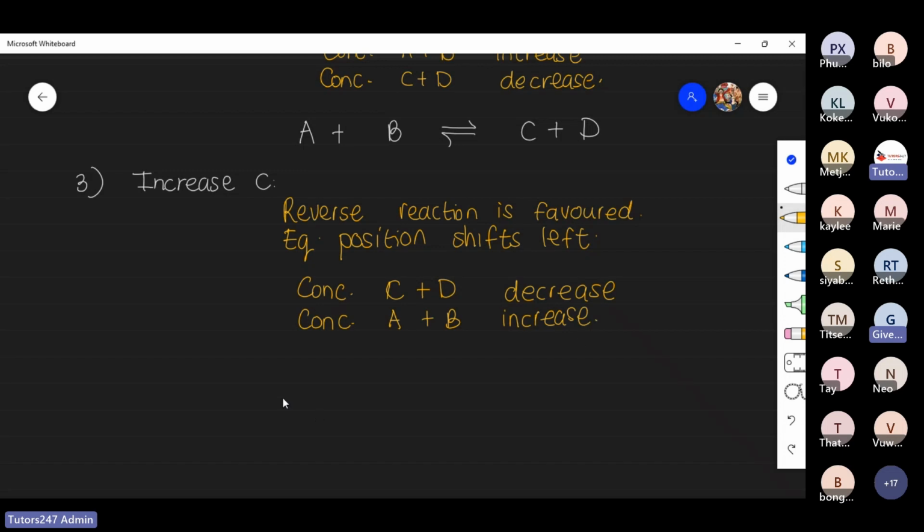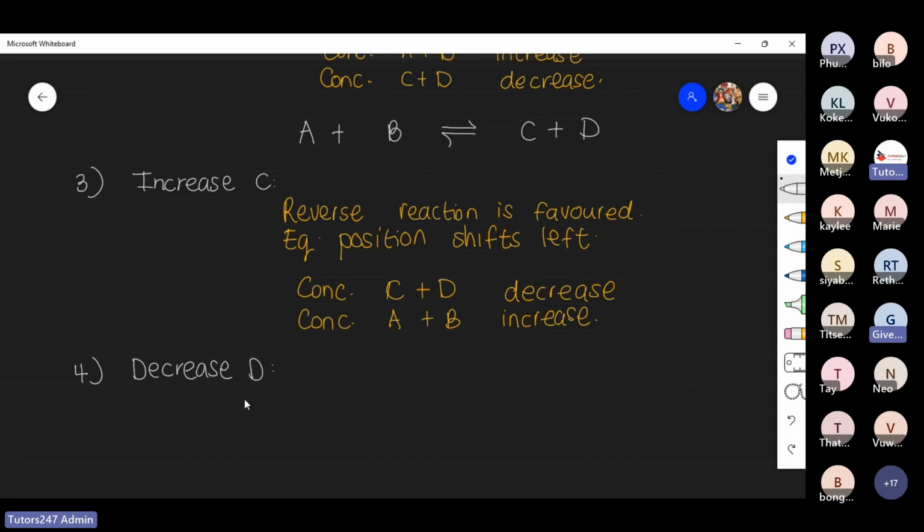Okay, now let us have a look at the last one. If we were to decrease D, so we decrease D. If we decrease D, that means our system now needs to produce more of it. So remember what I said earlier, if it decreases, it's going to become the product so that more of it is produced. So if D becomes the product, that means the left-hand side is the reactant.